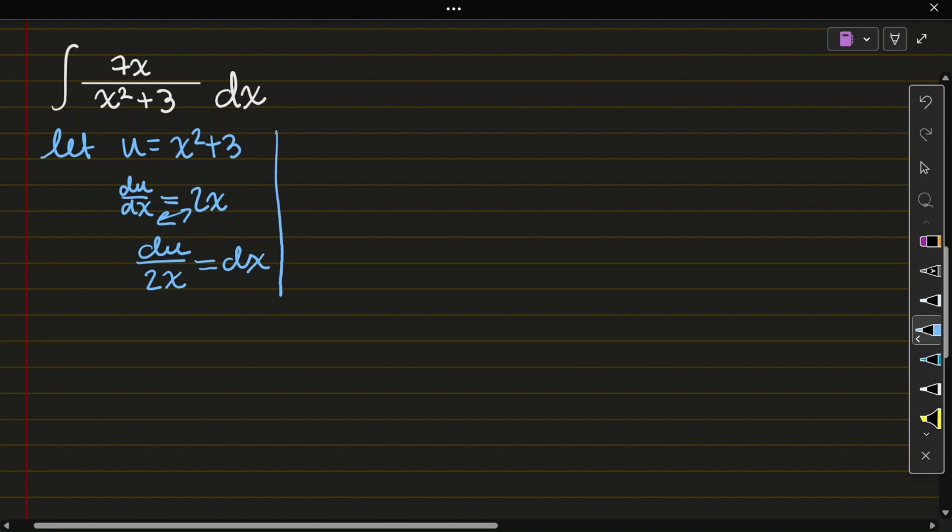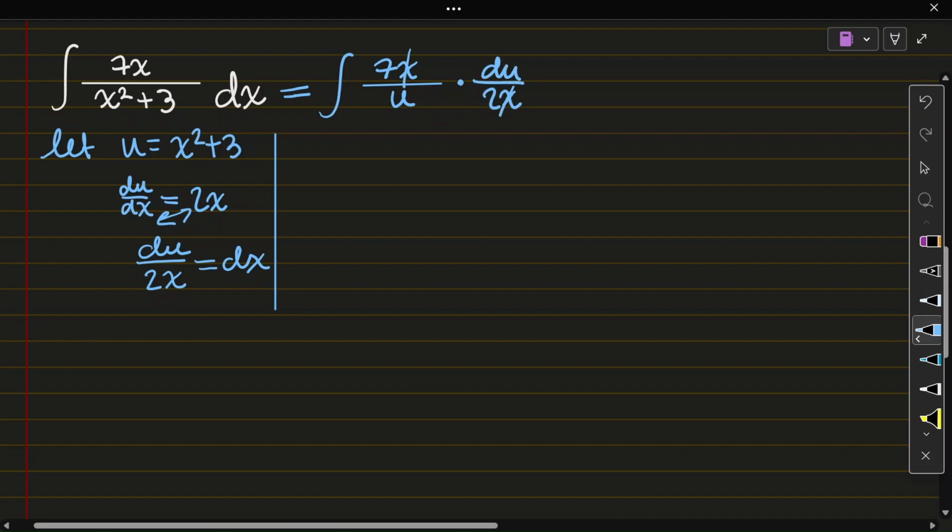Now I can make my substitution here. This integral becomes the integral of 7 x, actually let me write it like this, 7 times x over u, because u is x squared plus 3, times du over 2x.